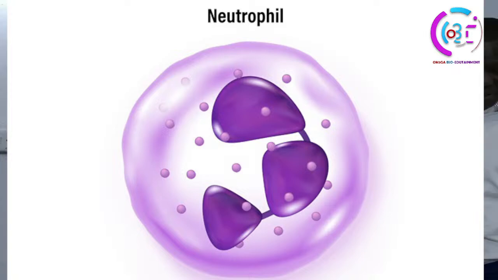So, responder, I told you, because they find themselves undergoing normal patrol. So they are the early responder. If there is any infection, they are the ones that will respond first, apart from the natural killer cells that first of all recognize.